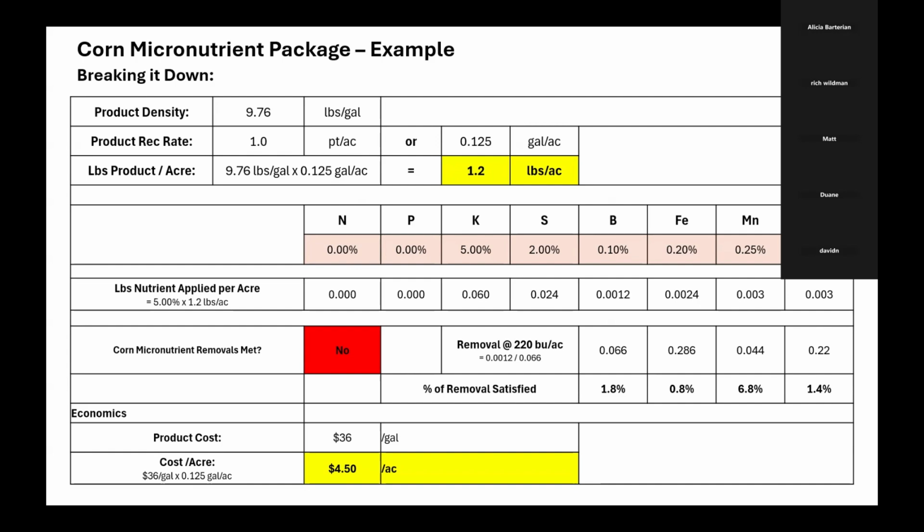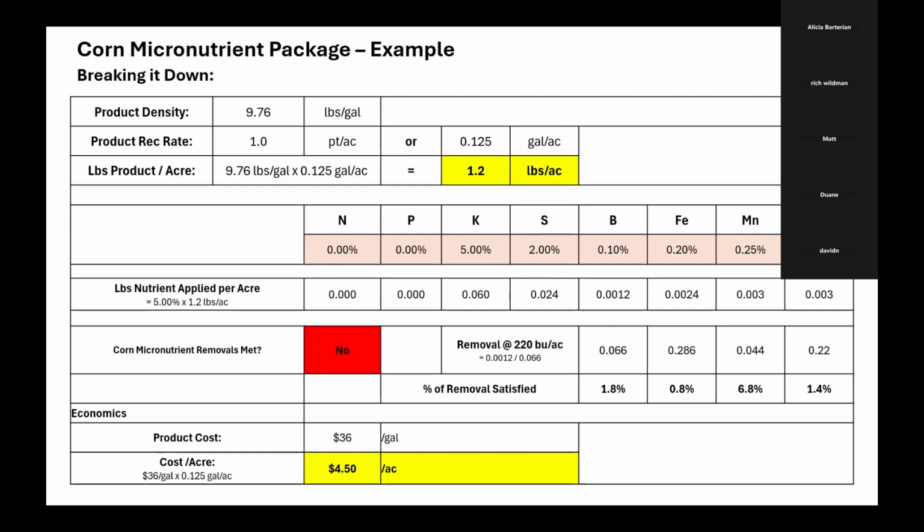So the next thing I did here is I calculated the pounds of product per acre. We get this 1.2. And then in this next block on the table, we're calculating the pounds of nutrient that are actually being applied per acre with this product at that 1 pint rate. So we're taking that 5% and multiplying it by that pounds of product per acre figure.